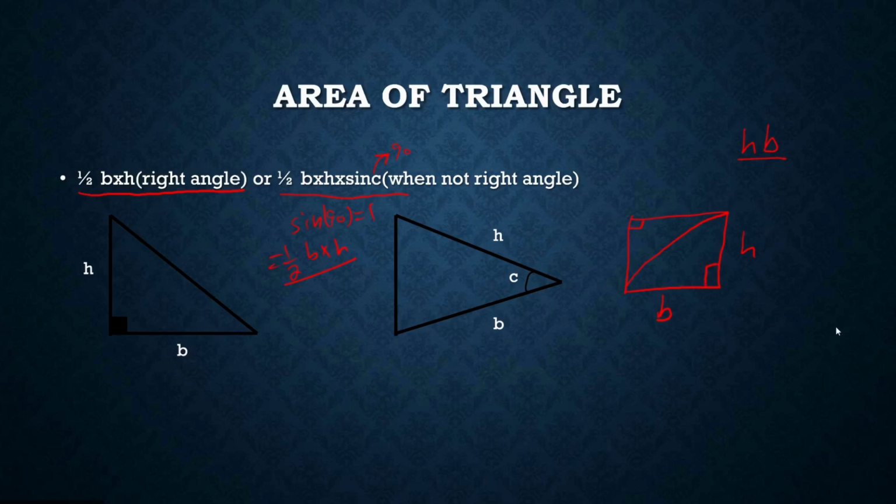So from this you can conclude that the area of two right angle triangles is equal to the area of one rectangle. So if you know the formula for the rectangle, which is height into base, you can divide it by 2. So height into base over 2 is the area for one triangle. Hope you understand this.